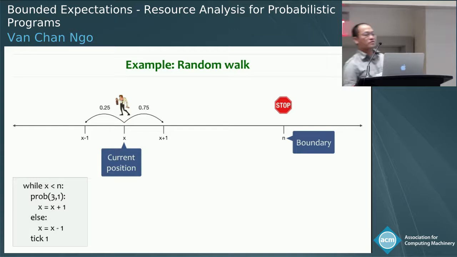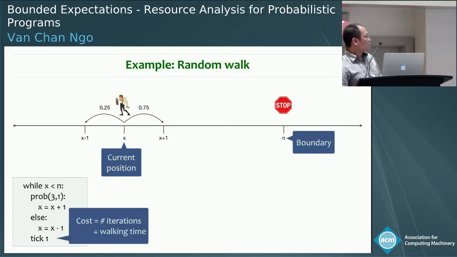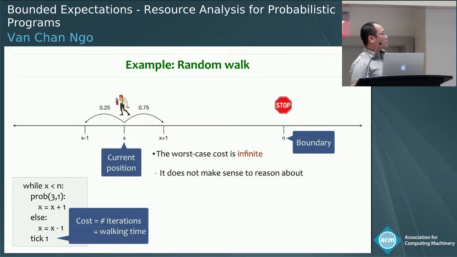Notice here I use Python-like syntax to write the program. We are interested in the walking time of the walker, which in other words is the number of iterations of this loop. So it is the cost of the program here. The worst-case cost is clearly infinite, so it does not make sense to reason about the worst-case cost here.